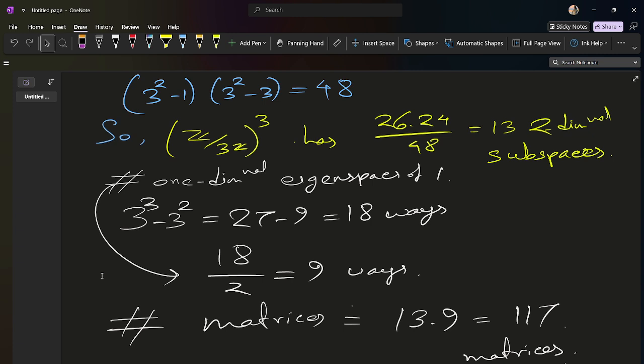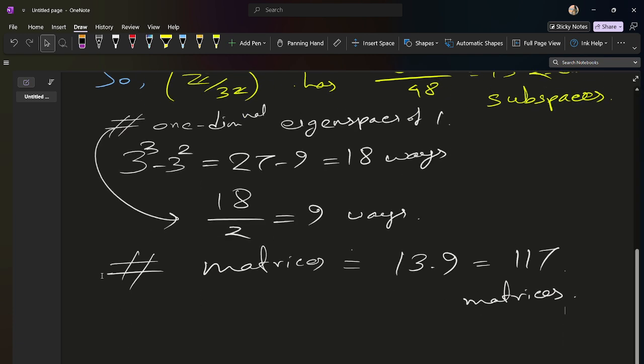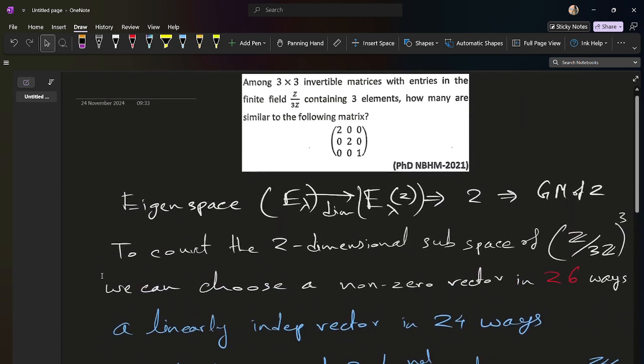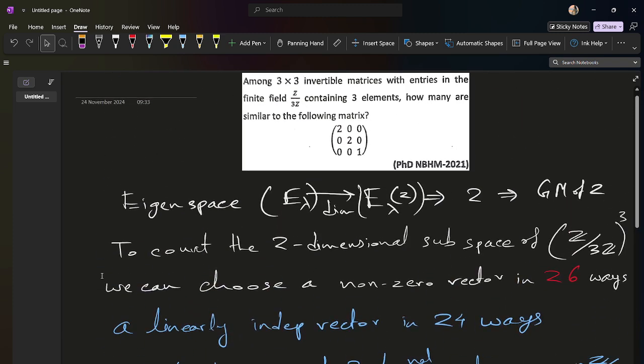So we got 9 ways, and the number of matrices that can be formed is 13 into 9, that is 117 matrices. These are the matrices similar to the given matrix.